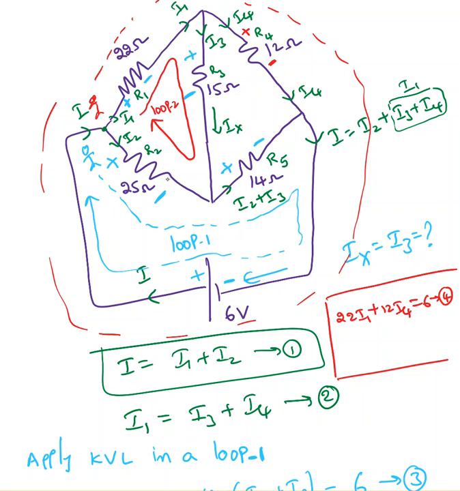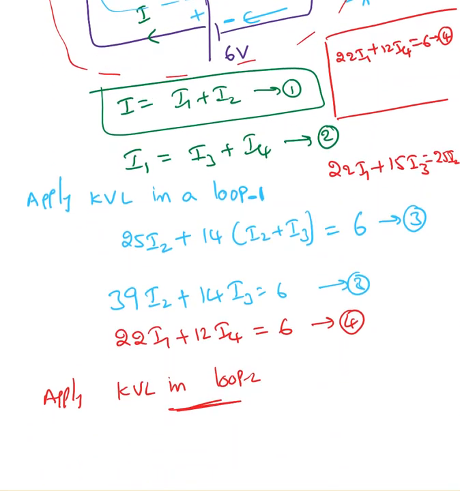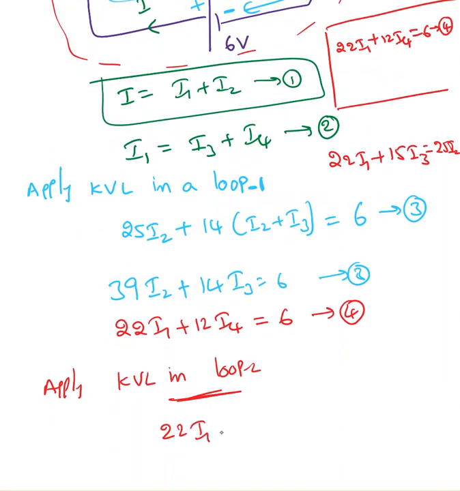Here I'm entering the negative terminal, so that must be a voltage gain. Those two are the voltage drops, and 25 times I2 is the voltage gain. So 22 times I1 plus 15 times I3 equal to 25 times I2. This is my fifth equation.